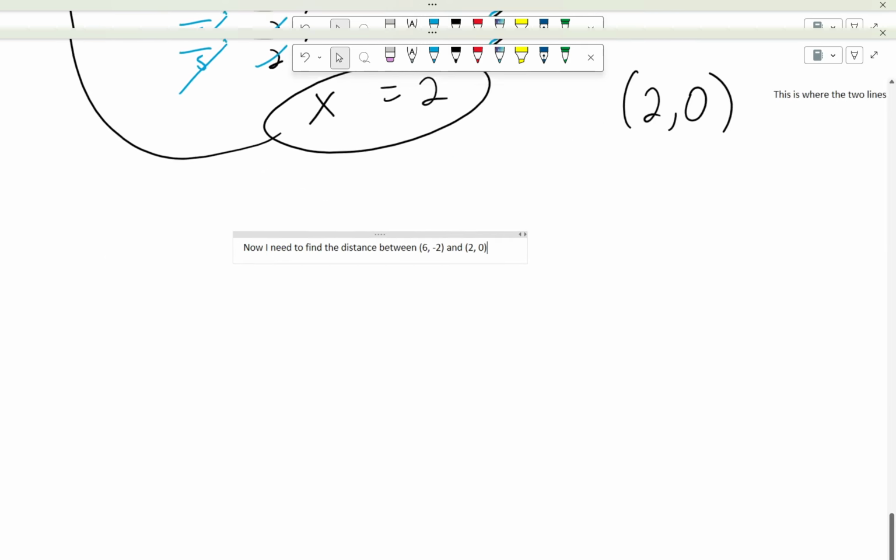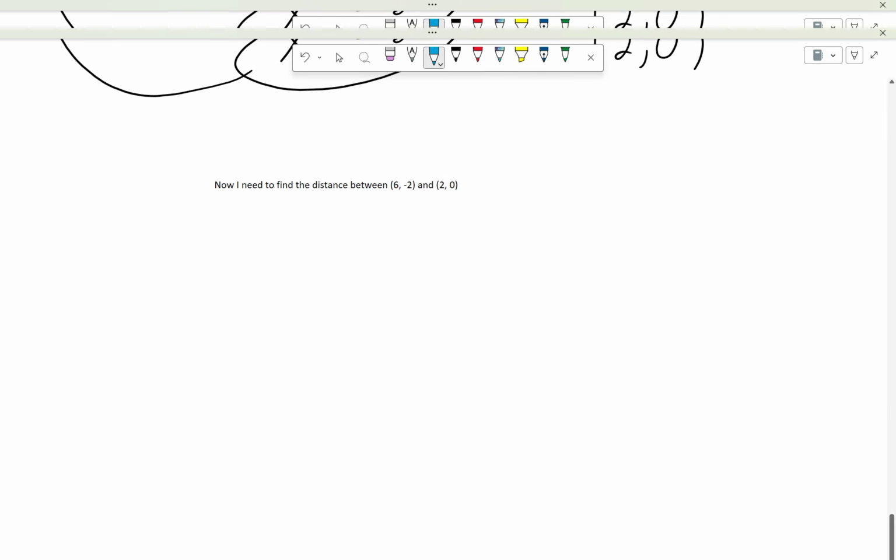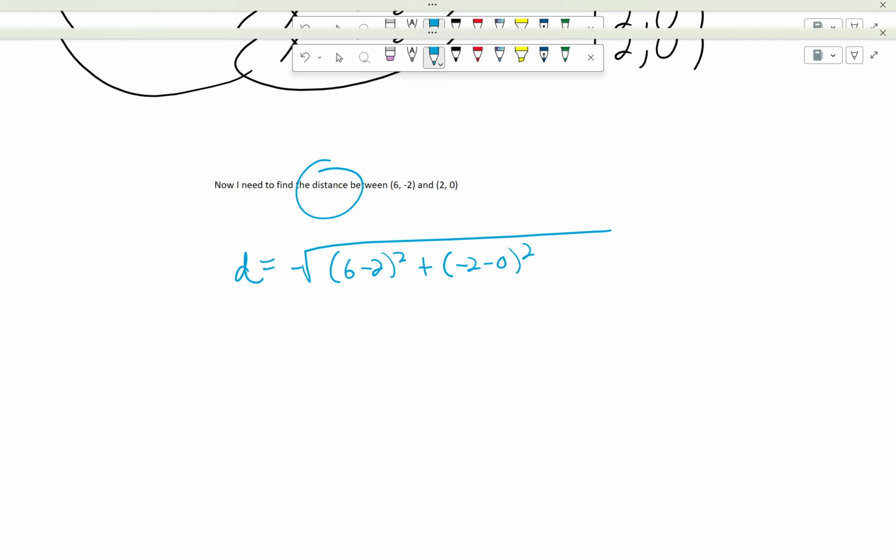And we now use, you know it, the distance formula. So d is equal to big square root, right? The difference of my x's, 6 minus 2 squared, plus the difference of my y's, negative 2 minus 0 squared, okay? 6 minus 2 is 4 squared, plus negative 2 minus 0 is negative 2 squared.